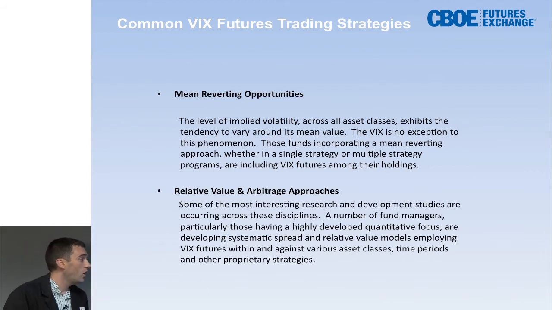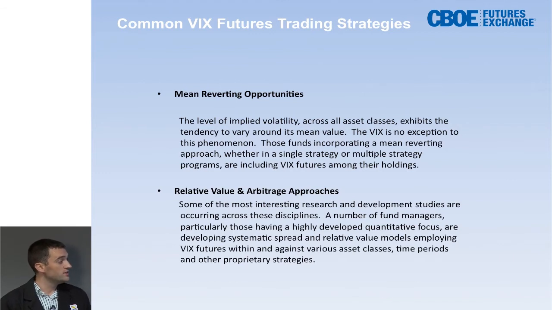Relative value arbitrage approaches. There's definitely a number of people trading the VIX off of other products. Jay and I just talked about how customers are putting on trades of VIX against E-mini futures. Another relative value trade you'll see is VIX against S&P 500 options. The October VIX future is literally going to settle to the prices dictated by the November S&P 500 options on expiration Wednesday.